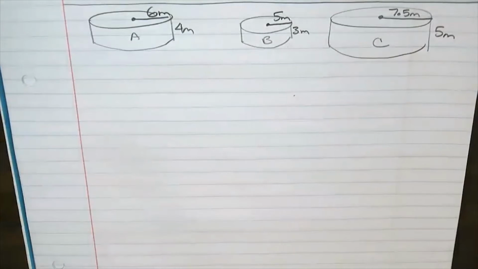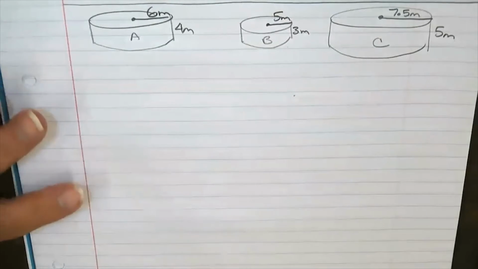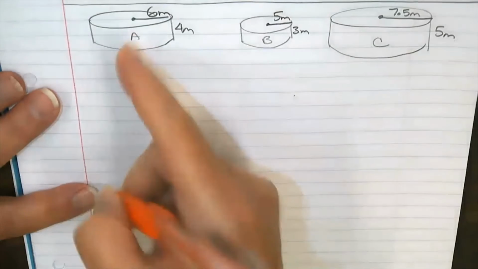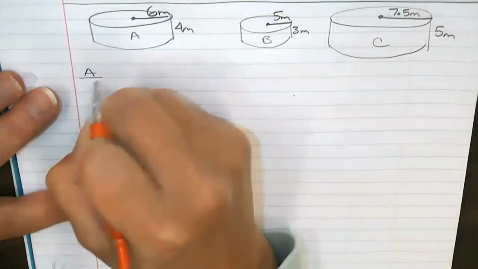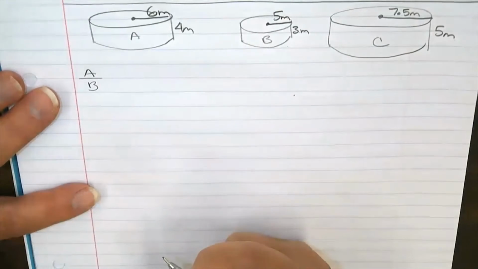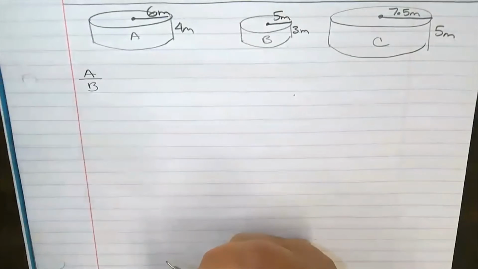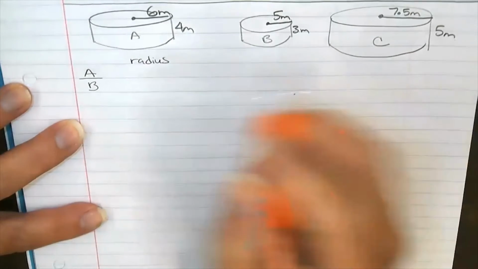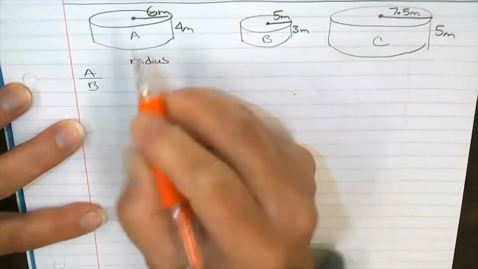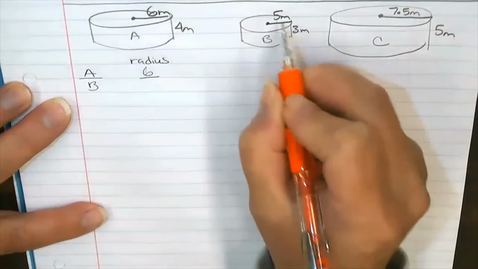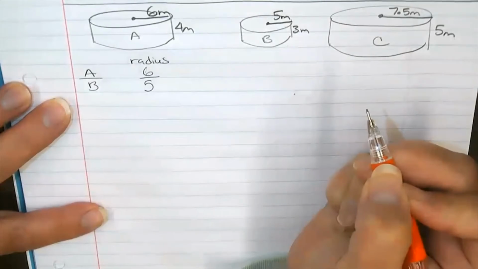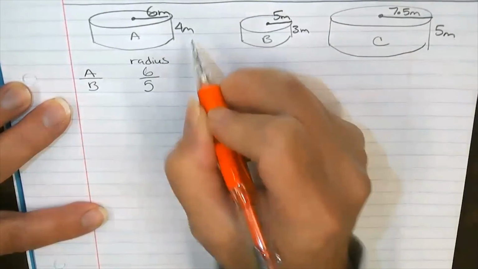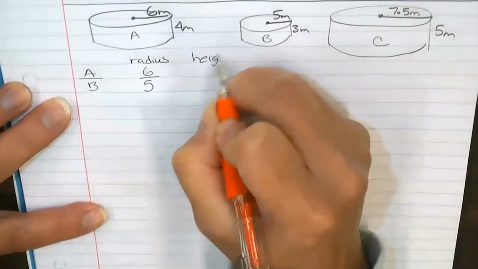Okay, well, I know similar means equivalent fractions. So which two cylinders make equivalent fractions? Well, let's start with cylinder A over cylinder B, and let's work with what we know. Let's work with the radius. So the radius of A is 6 over the radius of B. And then let's work with the height.